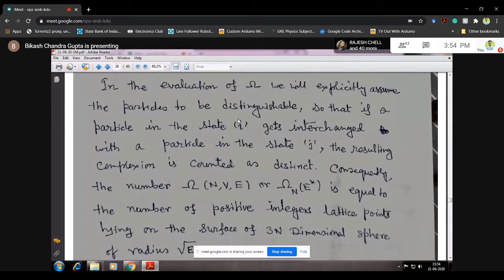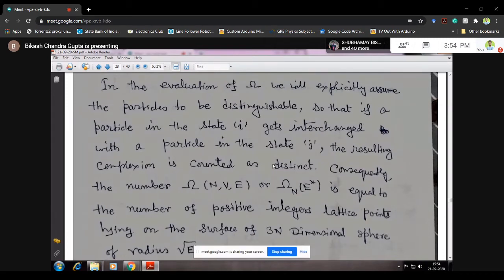It means that when a particle in state I is interchanged with a particle in state J, the resultant complexion is counted as a different complexion.